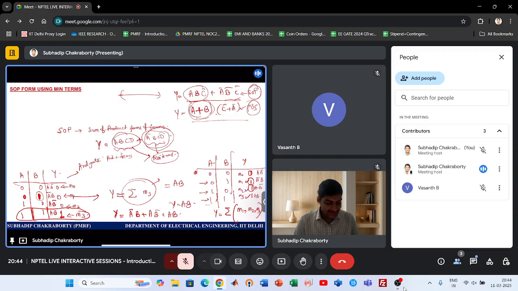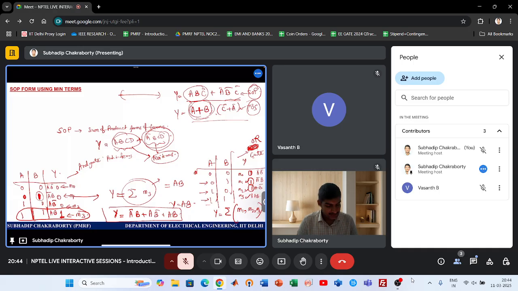Now can you simplify this Y? You will actually get the NOT gate. Sorry, no, OR gate, right? The OR gate. So can you simplify? A bar B plus A B bar plus AB. Can you simplify?